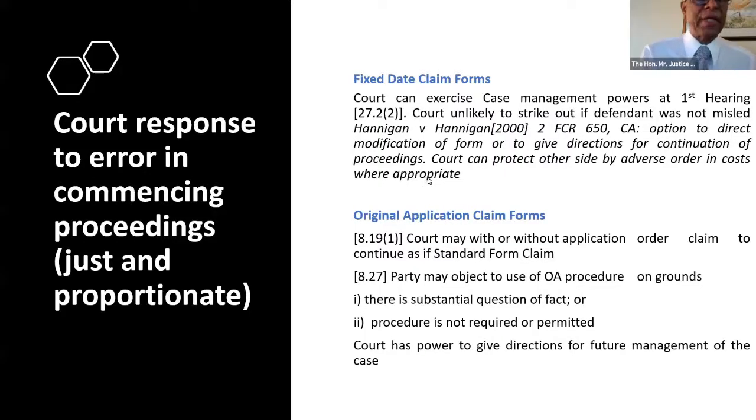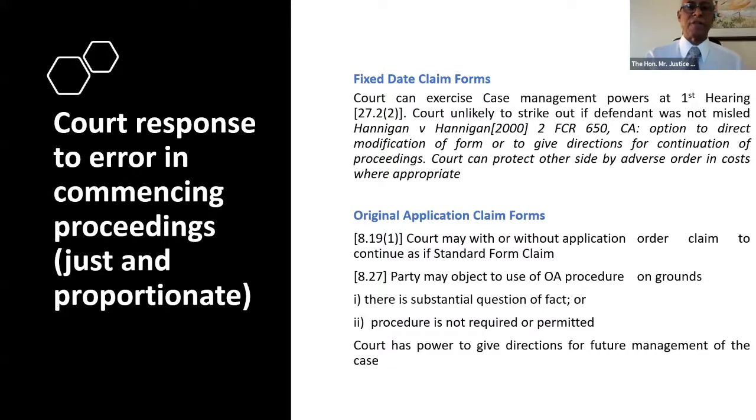Before we go to the next slide, Peter, I just wanted to interject this thing. The originating application claim form is really to be used in circumstances where there's not a substantial question of fact. The example I want to give is if you want to get a court order because Granny has Alzheimer's, Granny has a lot of assets, and so Granny can't look after her affairs, and you want to get a court order that somebody is appointed to look after her affairs.